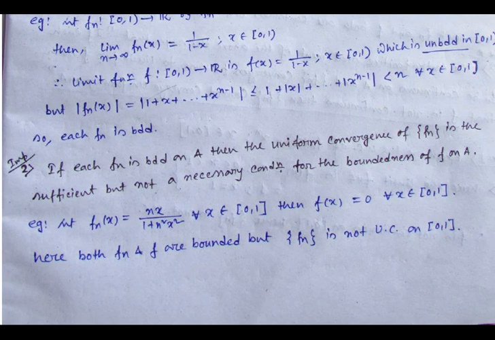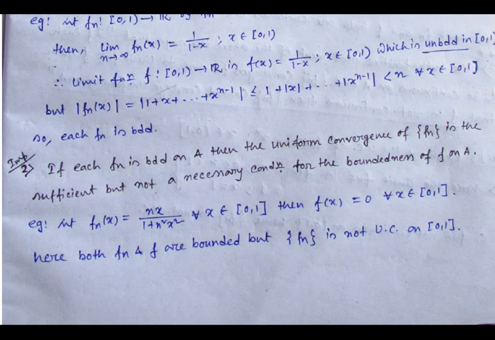Because it may be seen in some example that the sequence of functions is not uniformly convergent, though each and every term is bounded and the limit function is also bounded. So if the limit function is bounded, you cannot guarantee that the sequence of functions always converges uniformly.